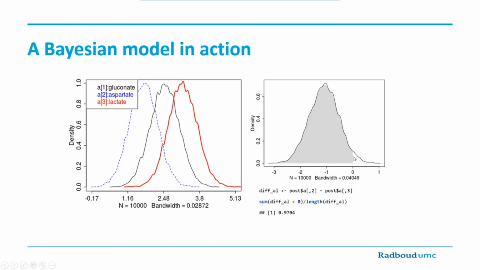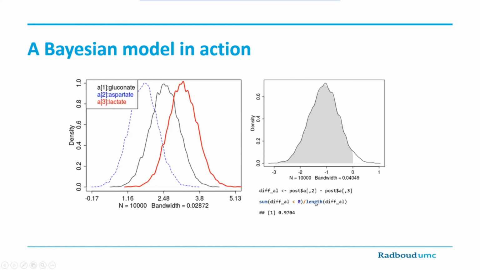And so you see, I've colored here all of the results that are below 0, where the magnesium concentration for the aspartate is lower than the lactate, and you can count the number of times that this difference is lower than 0, which is basically what's done here.